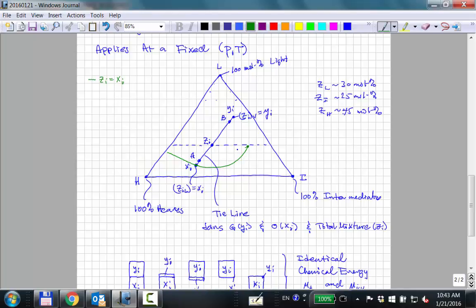And it'll stop there. And then I'm going to draw a line where Zi is equal to Yi. And that's typically going to look something like this. Make it consistent with this one here. Needs to go through this point here. It's not a very pretty picture. Let me just make this a little bit different.